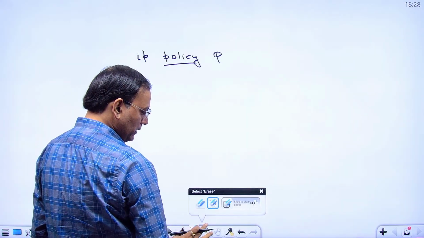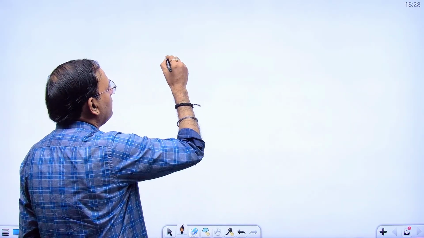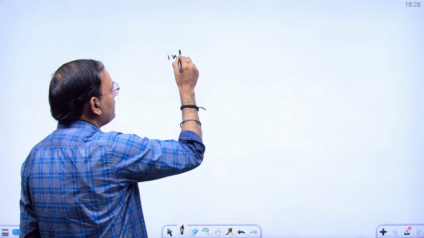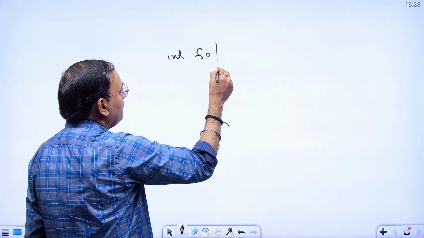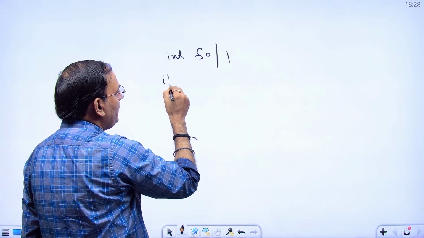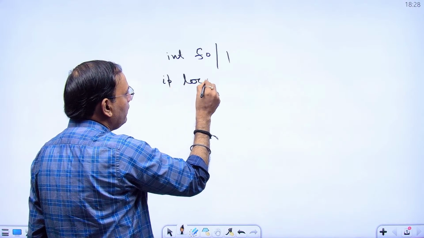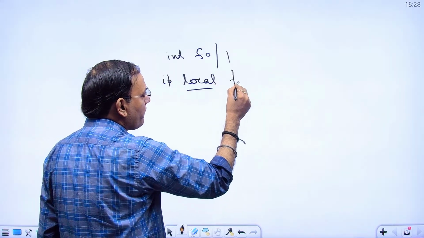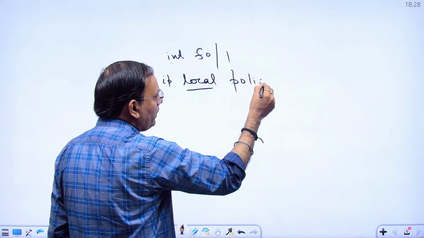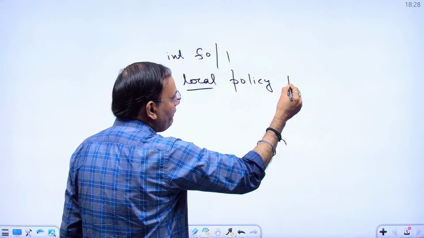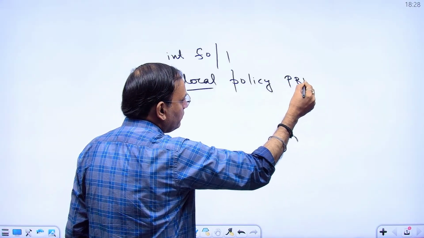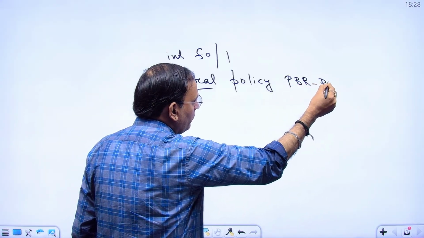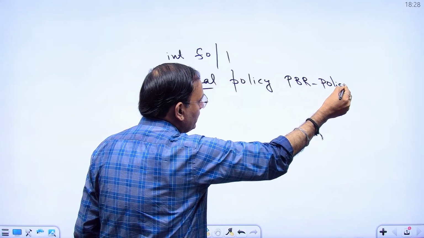The command is configured on your LAN interface, okay. So here IP local policy is very important, and the name of the policy was PBR policy. So you have to put IP local policy PBR policy.